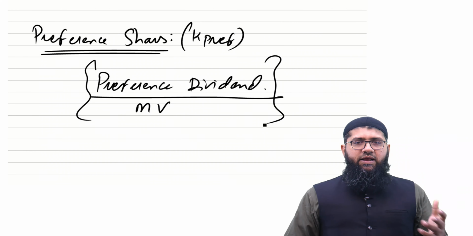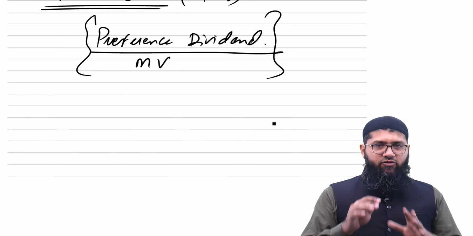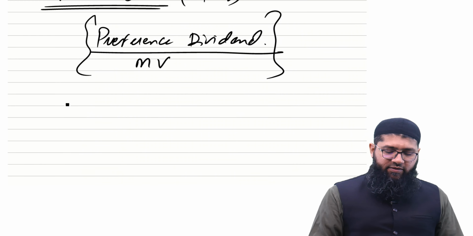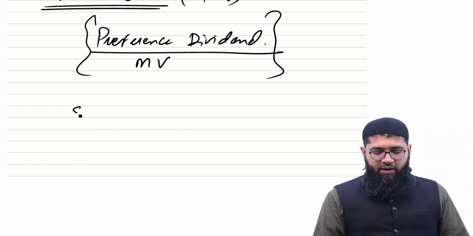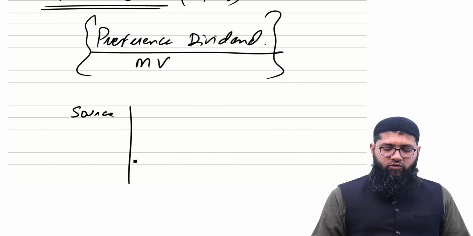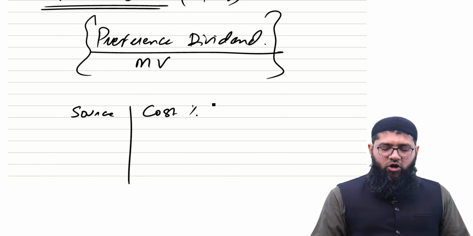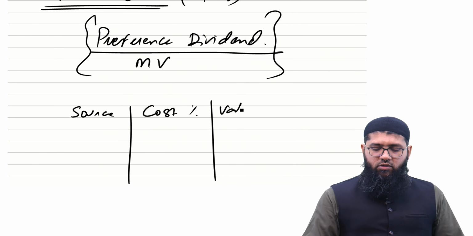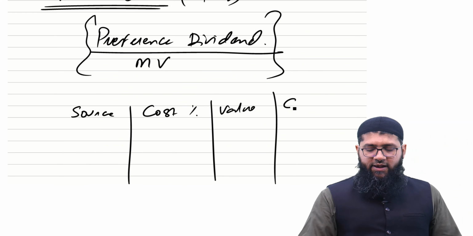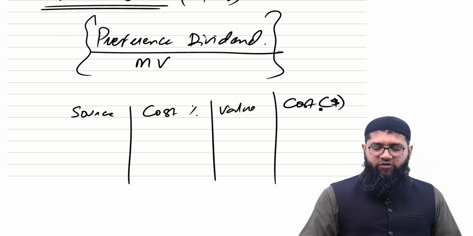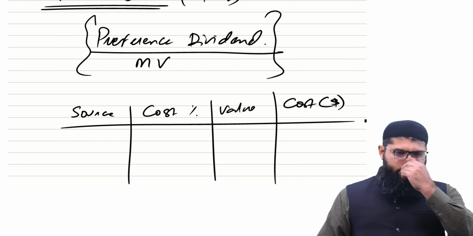Now, final conclusion: how do we calculate the WACC? For the WACC, I would suggest doing it like this. You could make a table where you name the source, write down its cost in terms of percentage, write down its value, and write down its cost in terms of dollars.